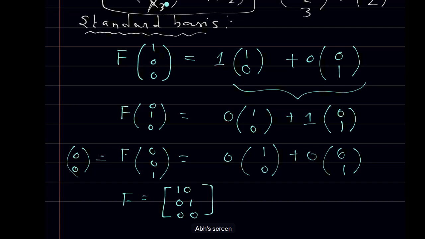That means the matrix that will help us transform the coordinates from R3 to R2 is going to be 1 0 0 and 0 1 0. I just take the transpose of the matrix that transforms the basis. So this helps you with the basis, and this helps you with the coordinates.